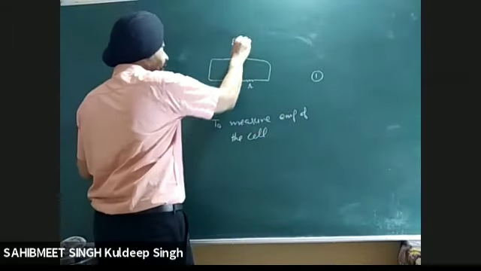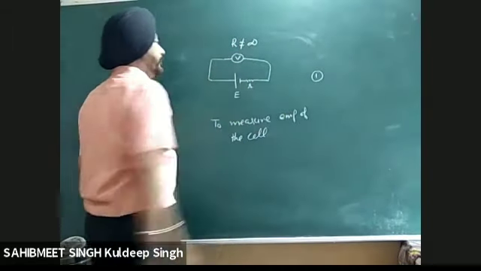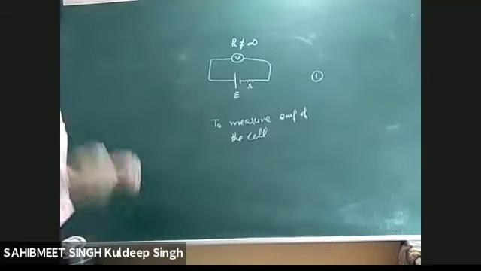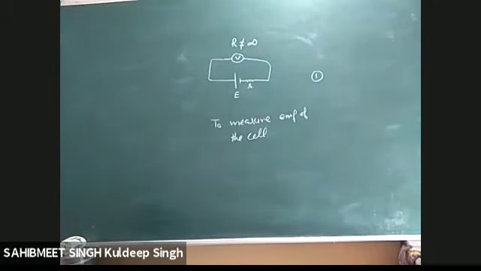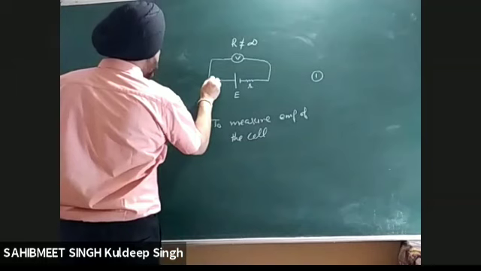Here you should remember this resistance is high but not equal to infinity. In an ideal situation it should be infinity, but it is not infinity because it needs some current. So therefore now some current will flow.